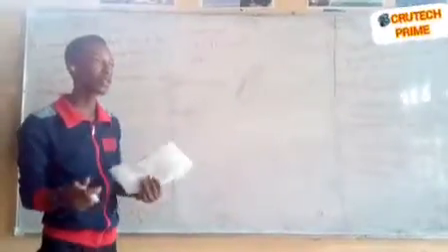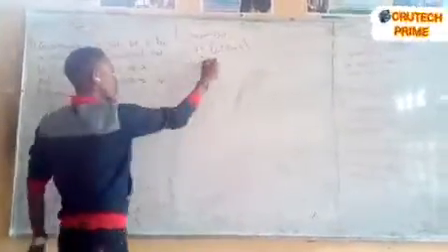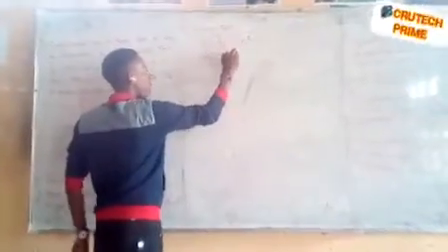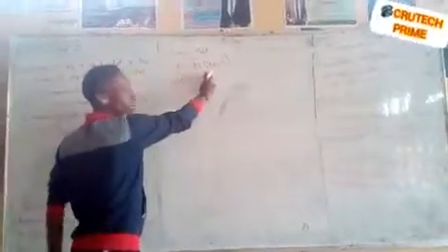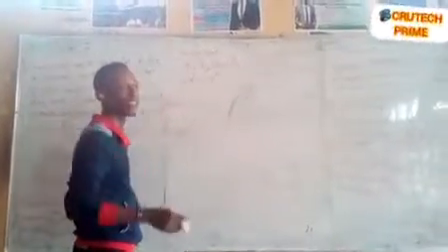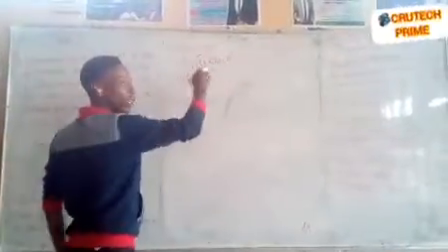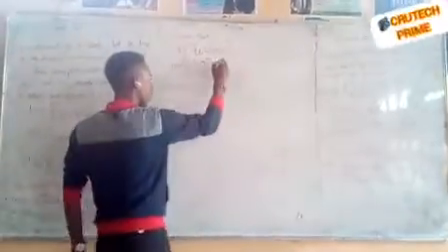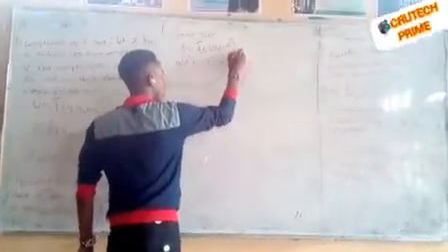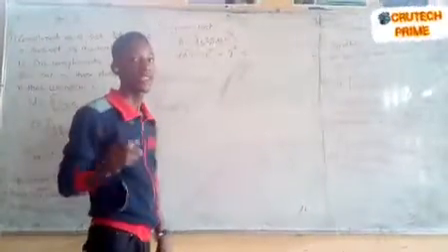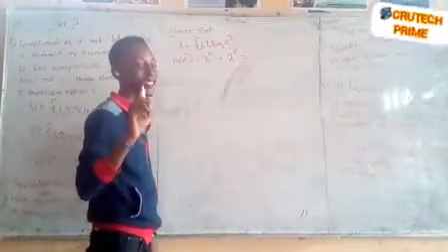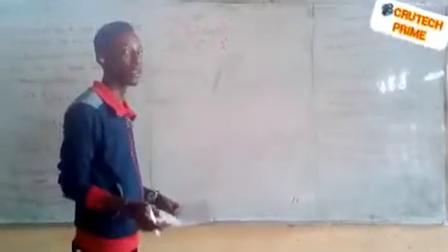So the formula goes: power set of A is equal to 2 raised to the power n, where n stands for the number of elements in the set. We have 5 elements in the set, so that is 2 raised to the power 5.